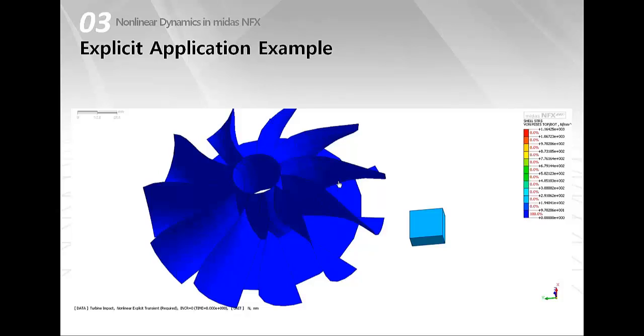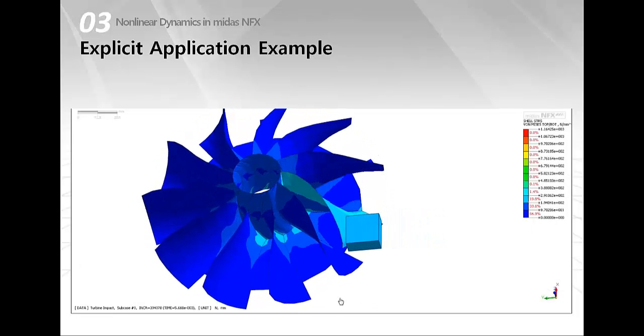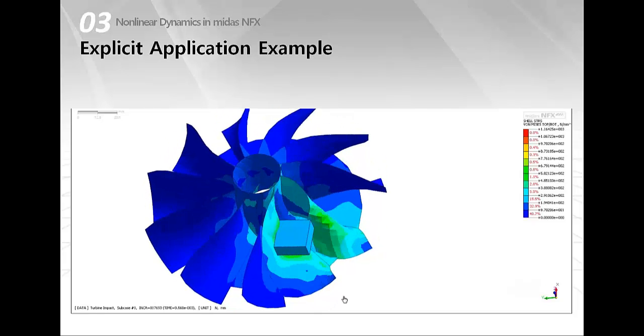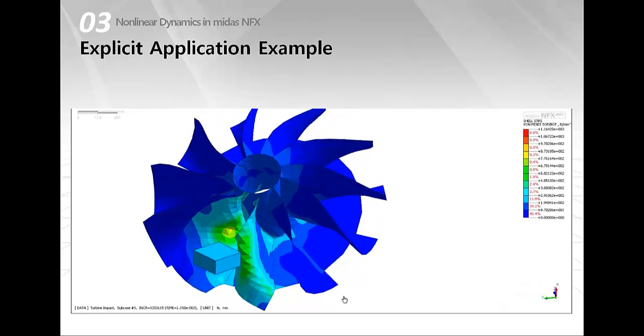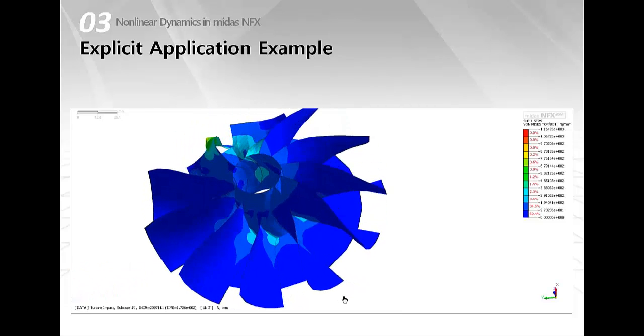I'd just like to show you a few slides about a few projects using explicit and implicit analysis. The first one, which is really interesting and has been provided to us by Renier from X Solutions, is the turbine impact analysis. As you can see in the animation, you have a turbine which is rotating at a certain speed.